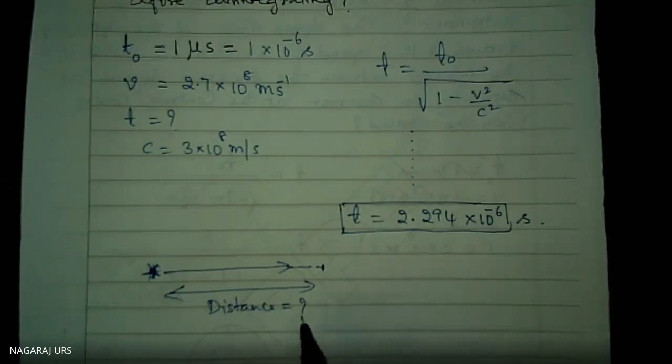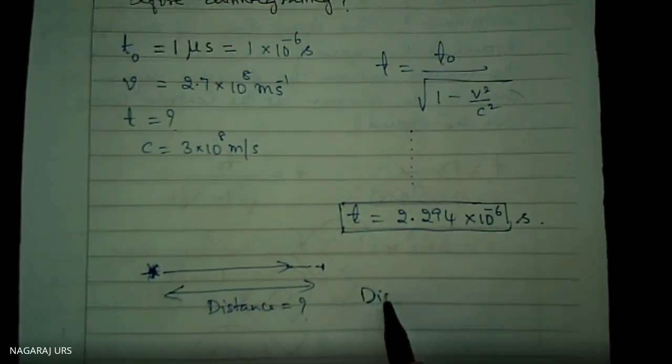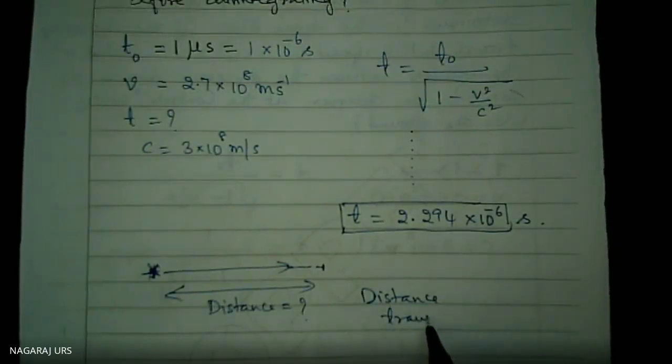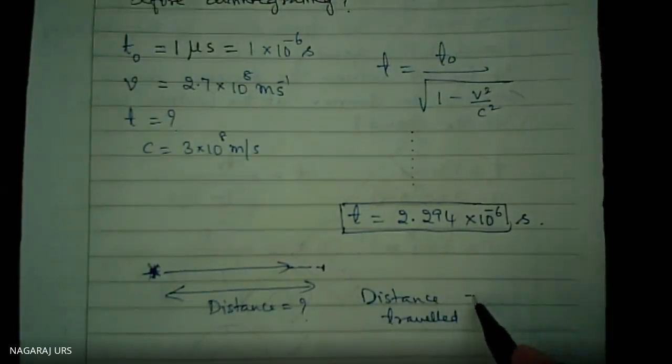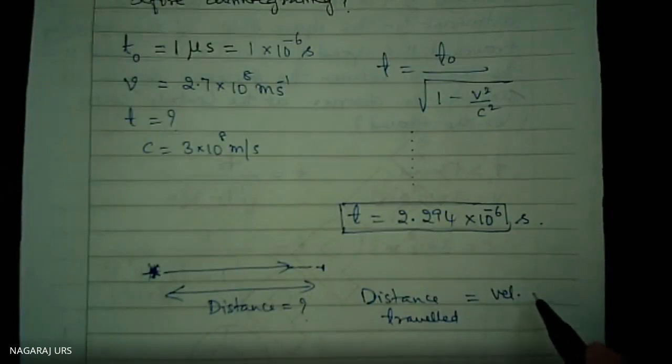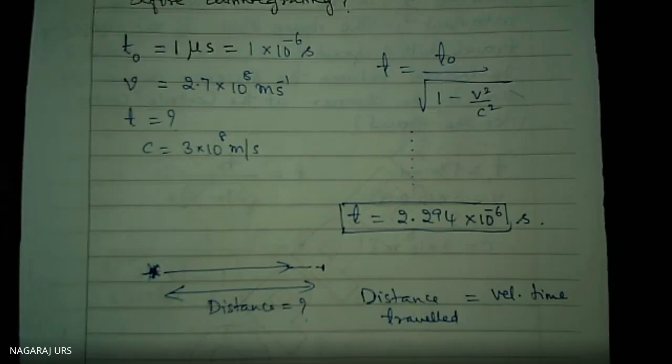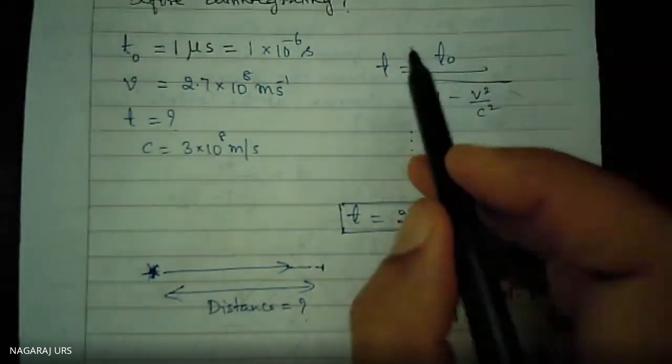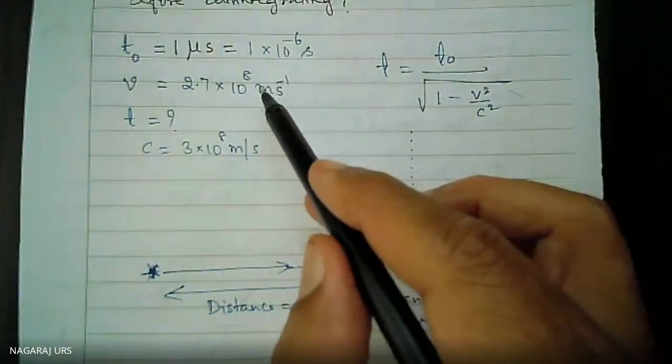The distance traveled is given by velocity multiplied by time. The velocity with which it is traveling along with the laboratory is this.